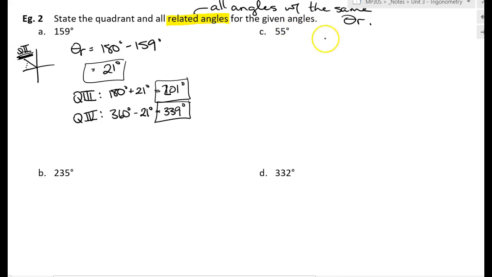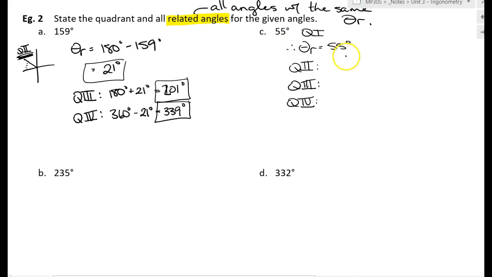55, that's between 0 and 90, so that is in quadrant 1, which means that this is also my reference angle. Okay, from here, we need to find quadrant 2, quadrant 3, and quadrant 4.